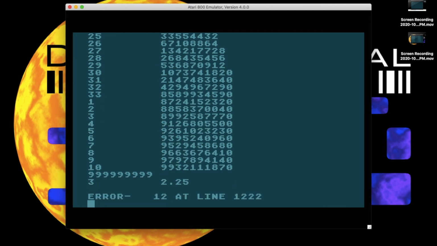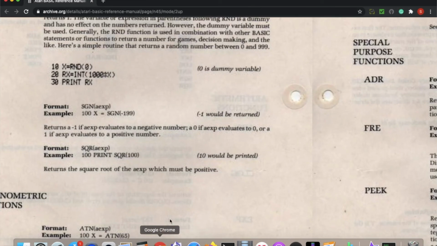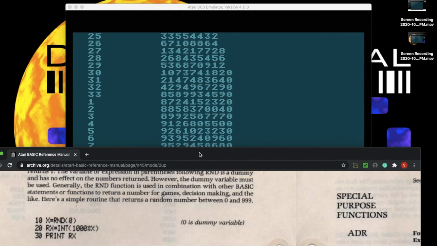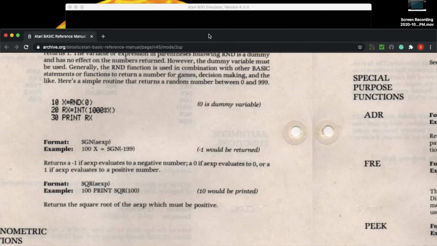Error. What's error 12? Error 12. It's probably like out of range or something weird. What was our error code? Error code 12.